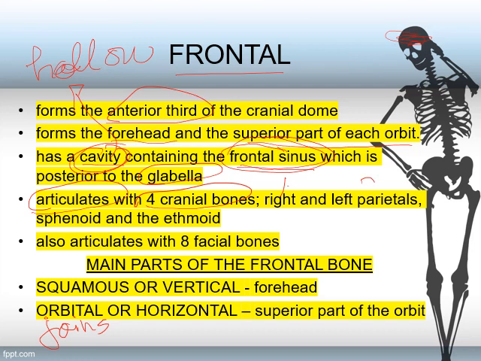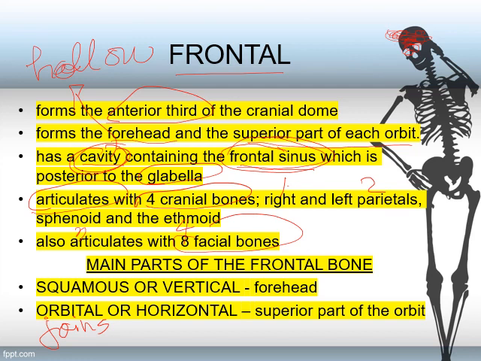So, 1, 2, right and left parietal bones. Sa sphenoid, number 3, and sa ethmoid. Okay? Again, frontal bone natin, connected siya sa right and left parietal bone, sa sphenoid, tsaka sa ethmoid. It also articulates with 8 facial bones. So, we will learn more on that later.